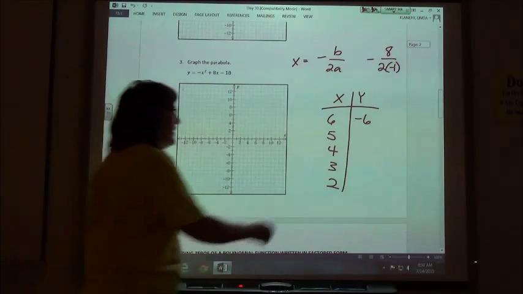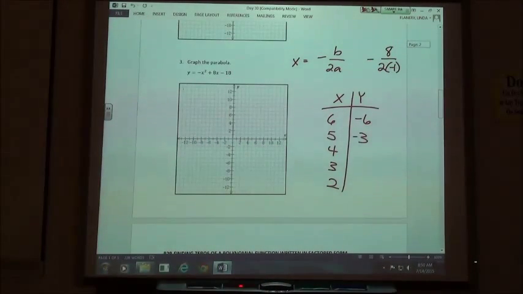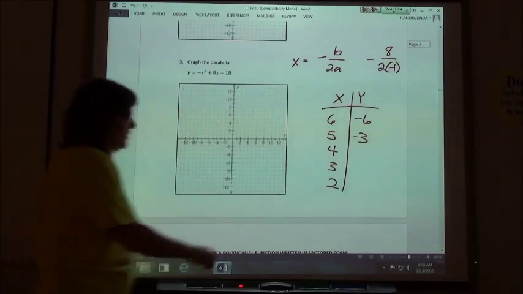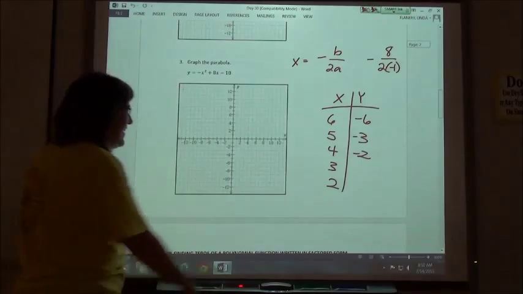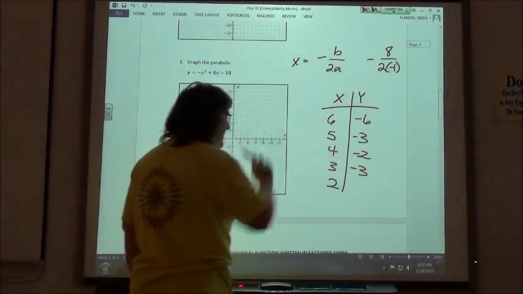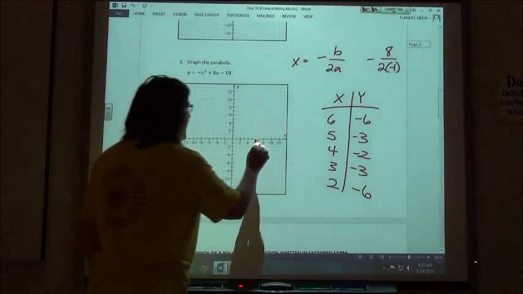Negative 3. 4 in for x. Negative 3 in for x. 2. Negative 3. And 2 in for x. Negative 6. Should look something sort of like that.